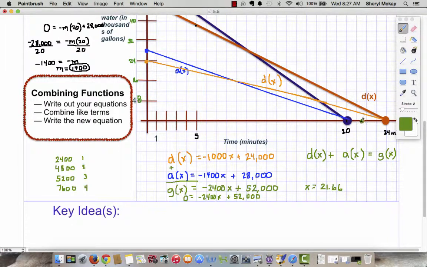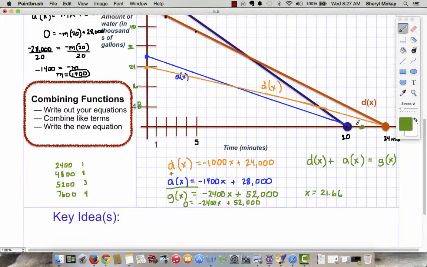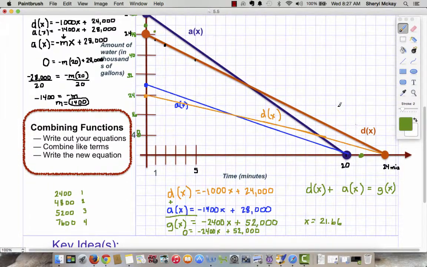And I just have to graph that. So here I have my start up here, and I have my end down here, and then, of course, the trick is just to connect the two.